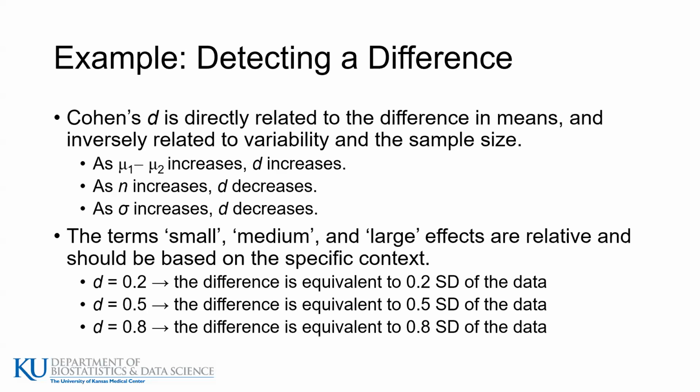So Cohen's d is directly related to the differences in means and is inversely related to the variability in the sample size. So as the difference in means increases, Cohen's d will increase, and then as n or our sample size increases, Cohen's d decreases, and then as this standard deviation increases, Cohen's d decreases.